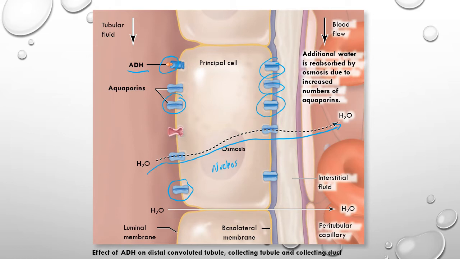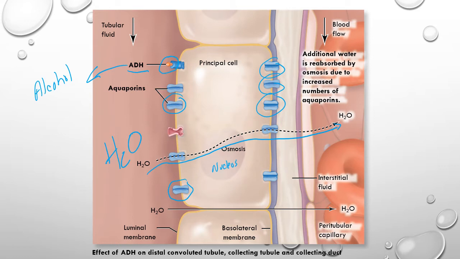If we were to block ADH, the production of those aquaporins is going to go down, and that's going to leave more water in the tubule. The more water in the tubule, the more dilute the urine is, the more urine production we get. In terms of inhibition of ADH, one big thing that comes up often as far as the reduction of that production is alcohol. Alcohol inhibits the release of antidiuretic hormone.